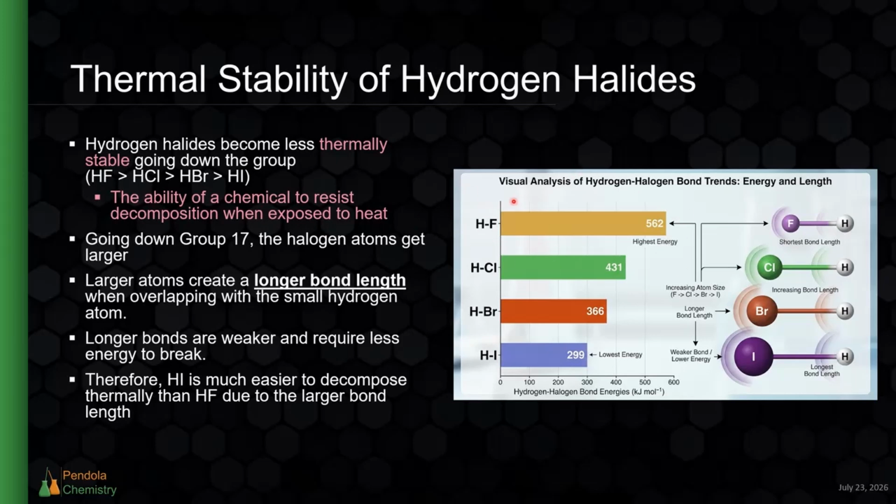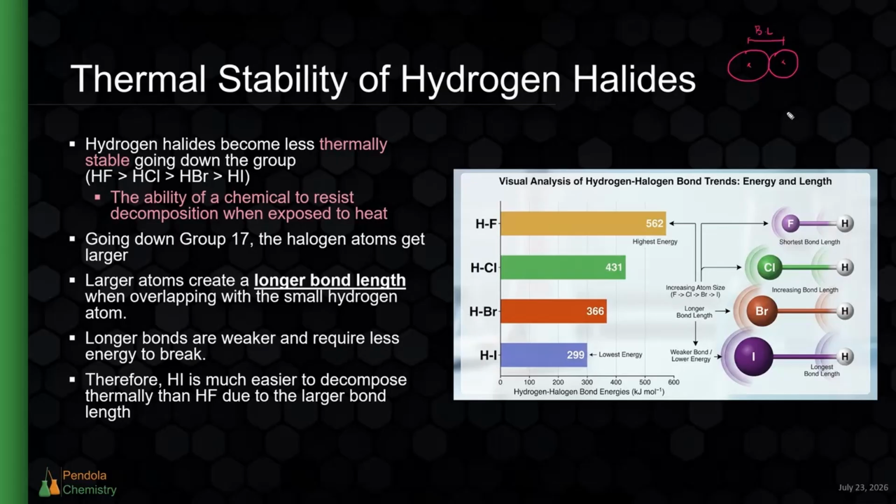As we go down the group, as we said before, the atoms of the halogens get larger. Well, as those atoms get larger, that is going to change the bond length. Remember that the bond length of a compound is the distance between the nuclei. So if we have two atoms bonded together, the bond length is the distance from one nucleus to the other.